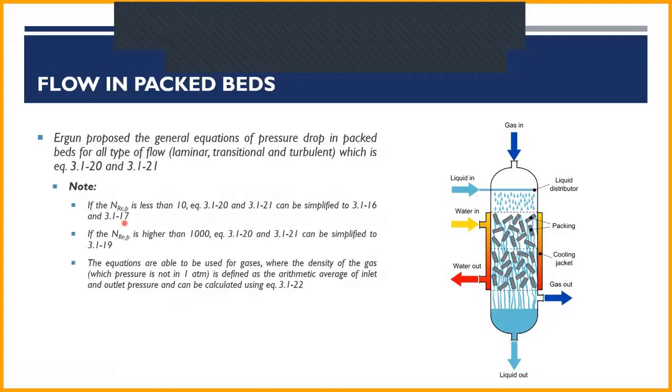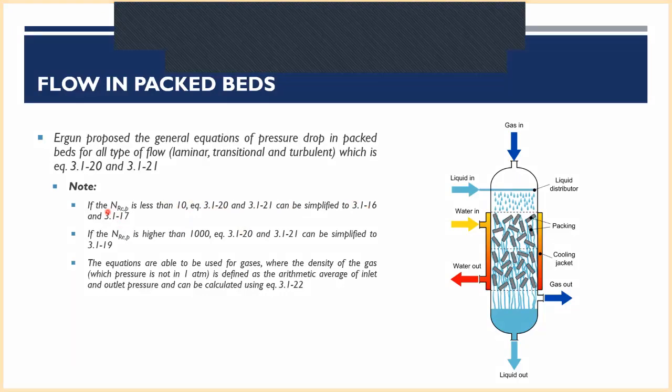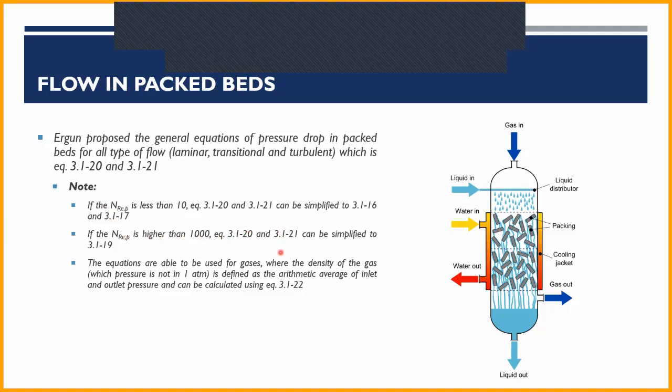Remember, 3.116 is only for laminar flow, but there is no restriction on epsilon, while for 3.117 there is a restriction on epsilon, which is less than 0.5. However, if the NRe in the packed bed is higher than 1000, so it's turbulent, these two equations can be simplified into 3.119.